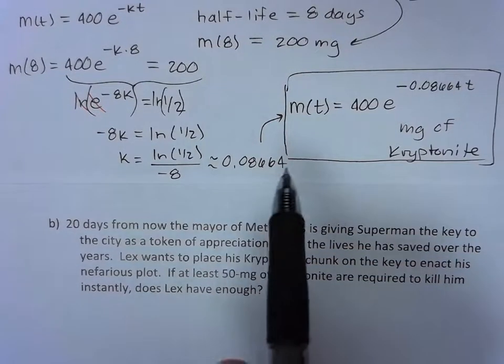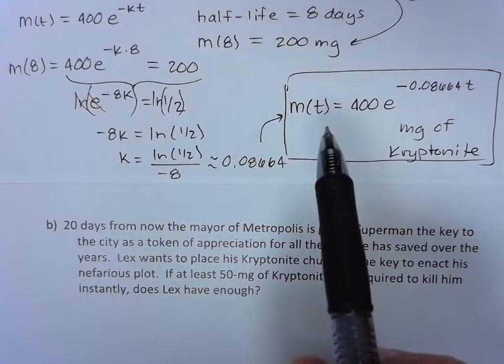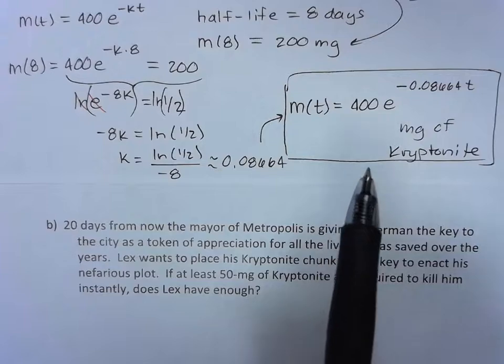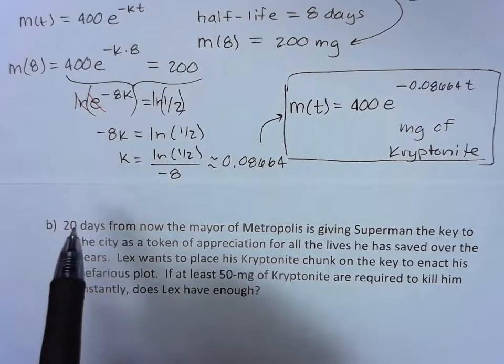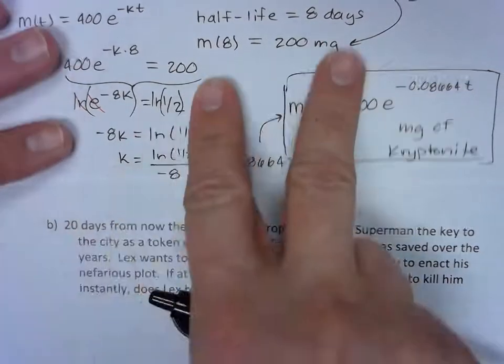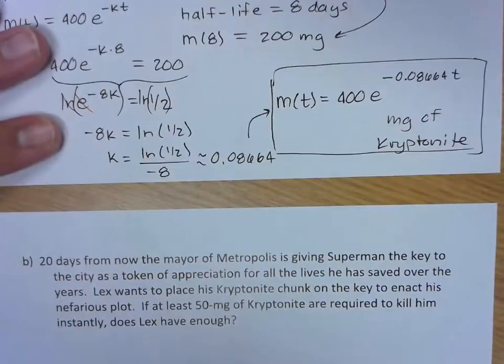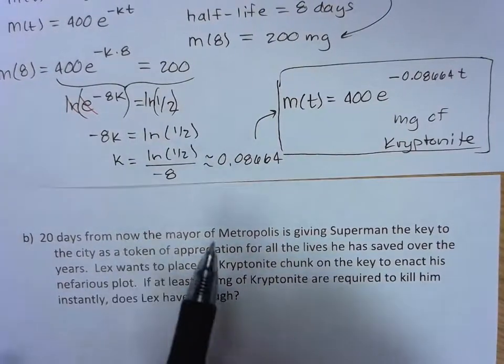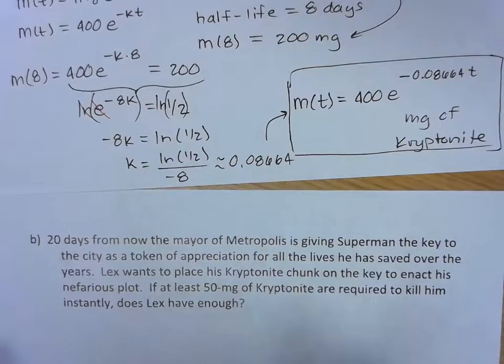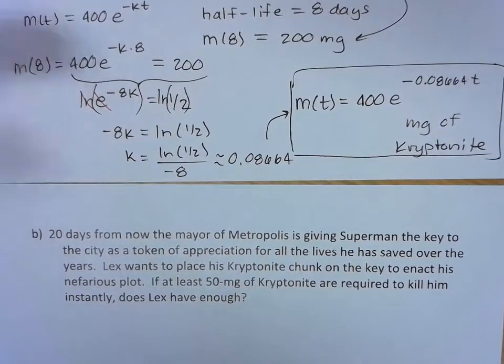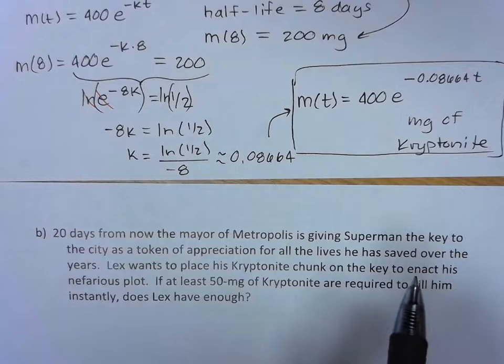Part B, it's on the next page. Part B says to use the mass model that you've got and answer this question. 20 days from now, 20 days from the time Lex acquires the kryptonite, I'm assuming, the mayor of Metropolis is giving Superman the key to the city as a token of appreciation for all the lives he has saved over the years.